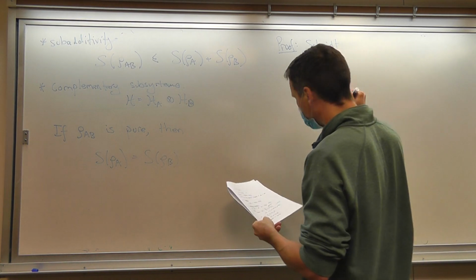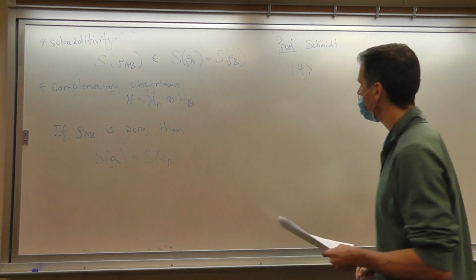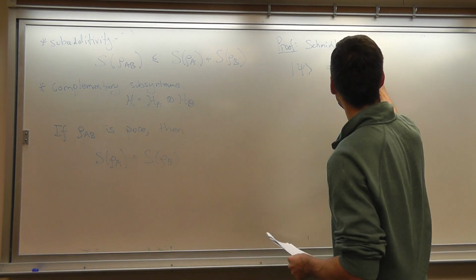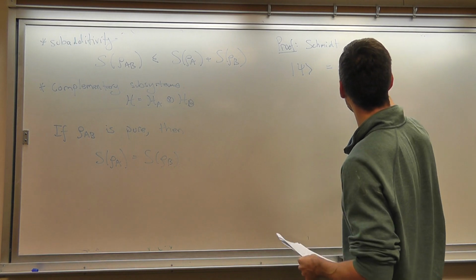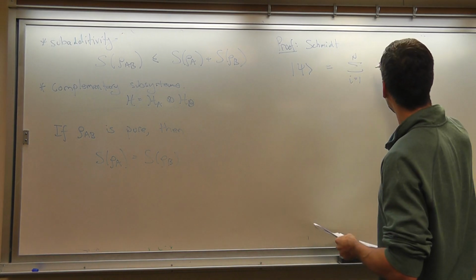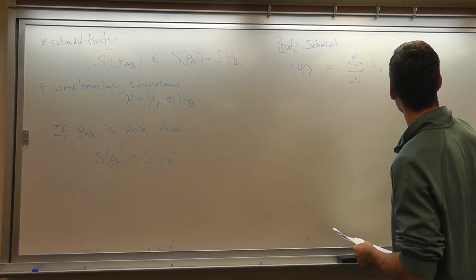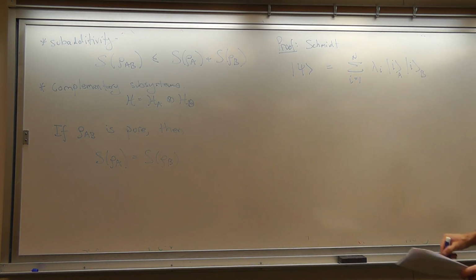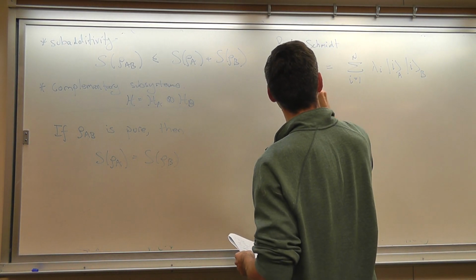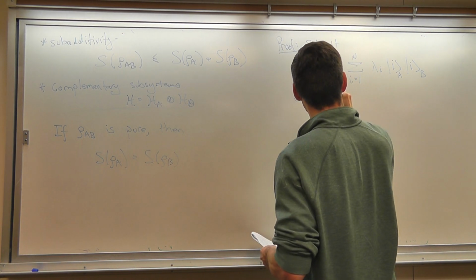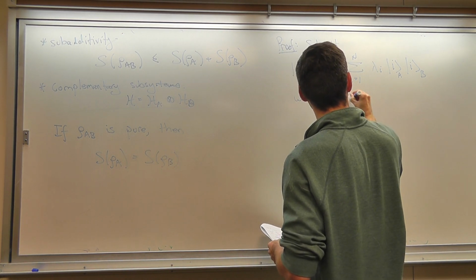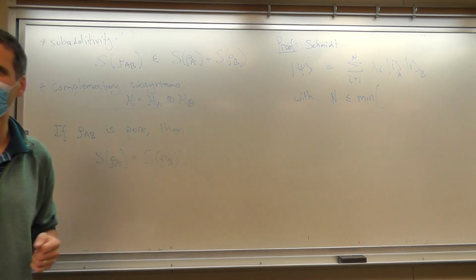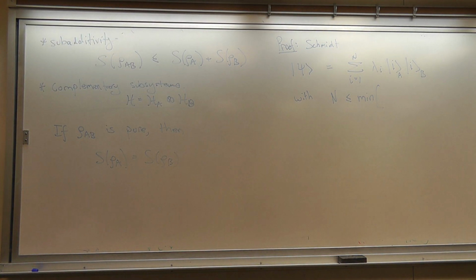So the Schmidt decomposition says that any state in a factorized space like this can be written as the sum from i equals 1 to n of lambda i, |i> in A, |i> in B, with n less than or equal to the number of states you have to keep in the Schmidt decomposition, which is the smaller of the two Hilbert spaces.